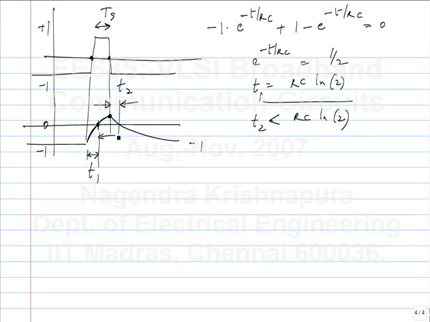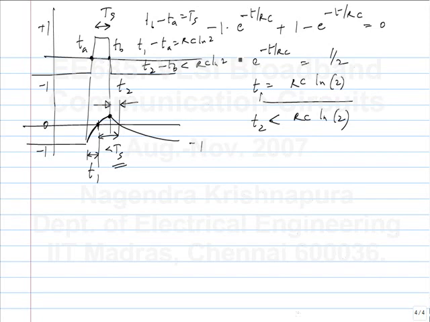So this interval is definitely less than Ts. Let's say Ta and Tb. Tb minus Ta is Ts. And T1 minus Ta is RC ln 2. T2 minus Tb is less than RC ln 2. So from this, can I say that T2 minus T1 is less than Ts?